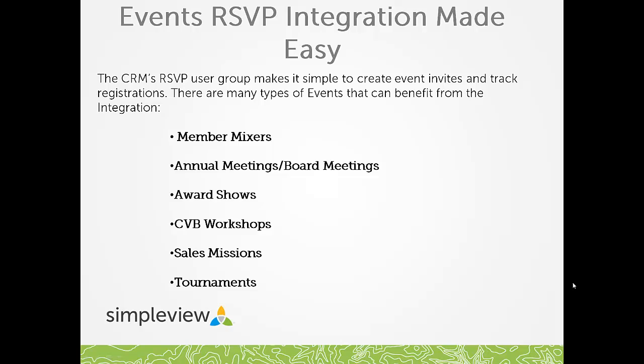We may also want to track the RSVPs back to the partner record. We may want to track the attendance back to the partner record, and of course the in-kind and expenses back to the partner record. So those first four examples are some of the most common, where we would be sending out invites, tracking RSVPs, tracking attendance, and spending.